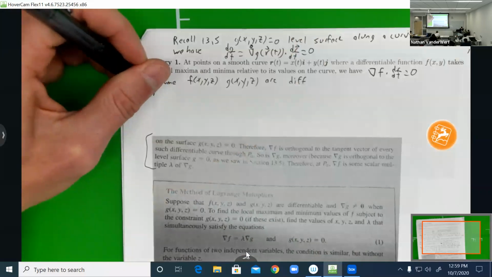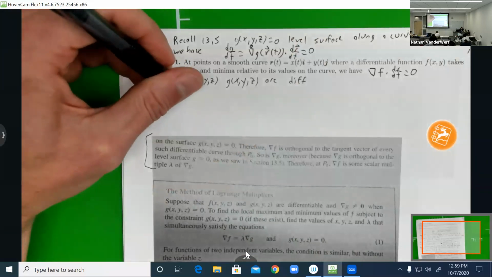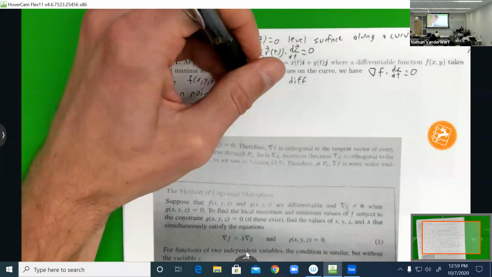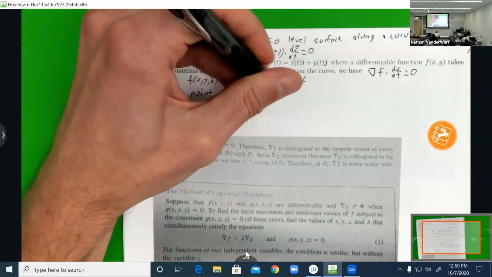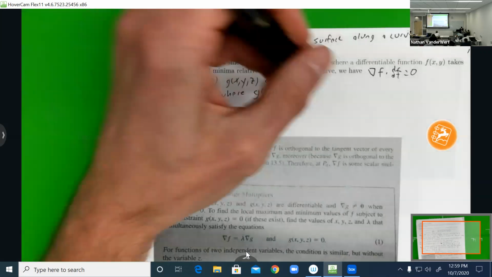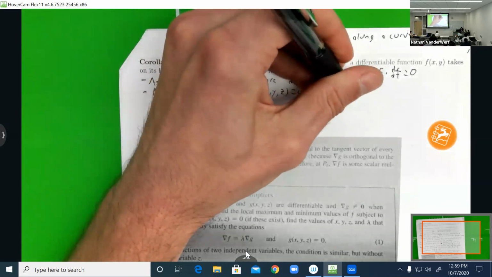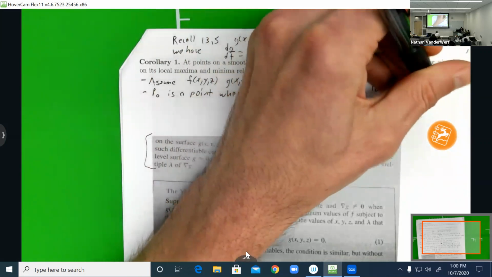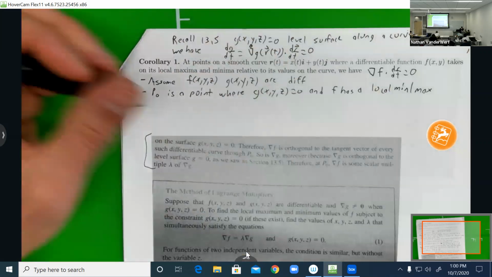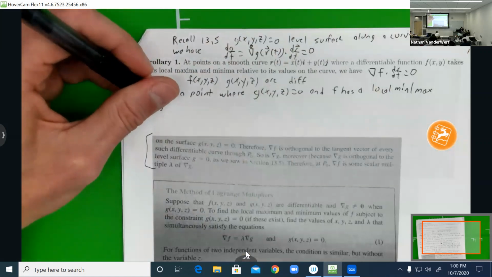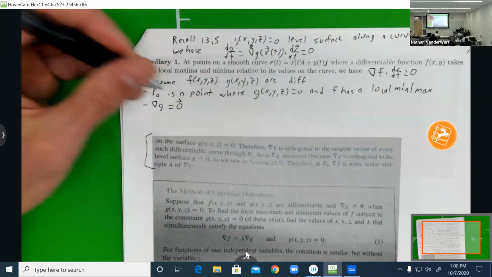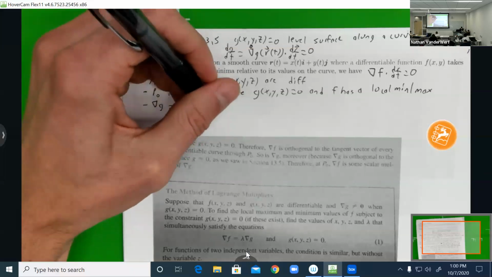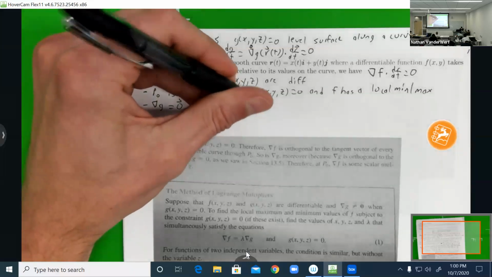And we're assuming that P0 is a point where g of x, y, z is equal to 0 and f has a local min or max. So we're assuming both of those. We're also assuming that the gradient of g is not equal to the 0 vector at any point on g of x, y, z equals 0.